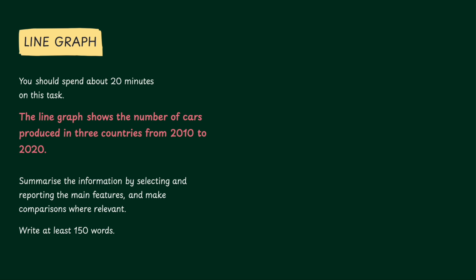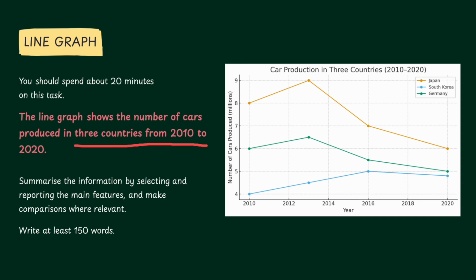And the title is highlighted and tells you exactly what the graph is about. So, this one, here is the title. The line graph shows the number of cars produced in 3 countries from 2010 to 2020. Now, on the right side, you'll see the graph itself.